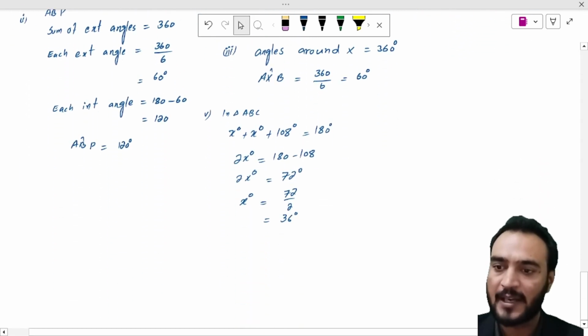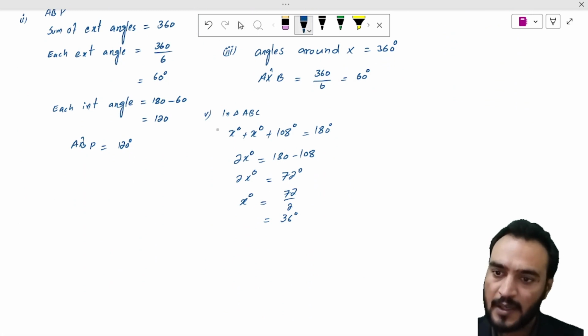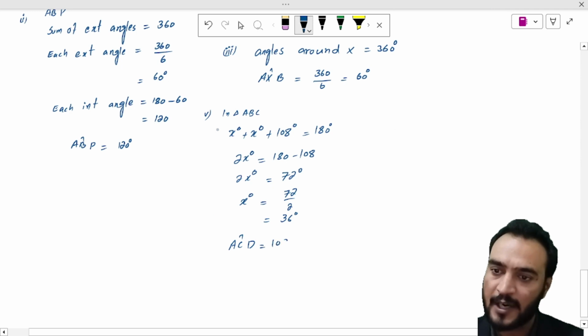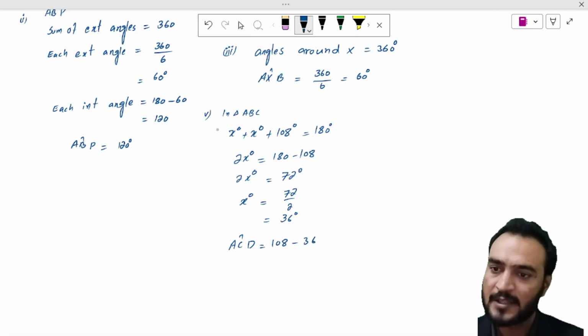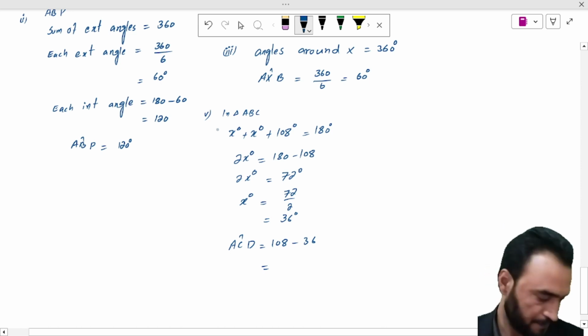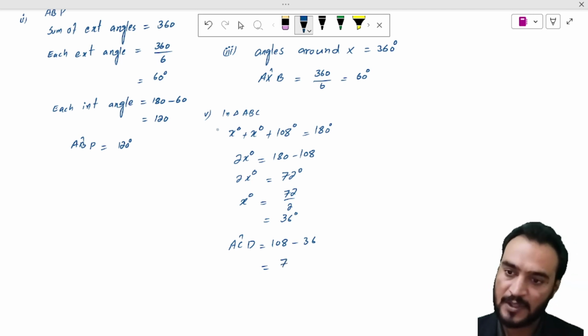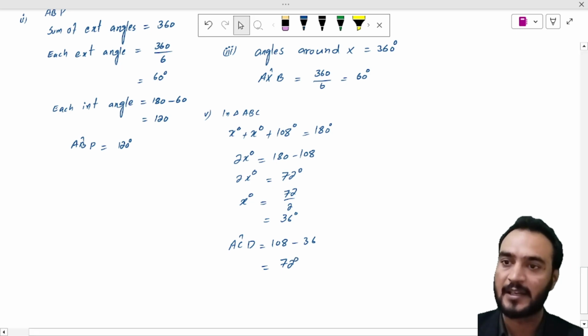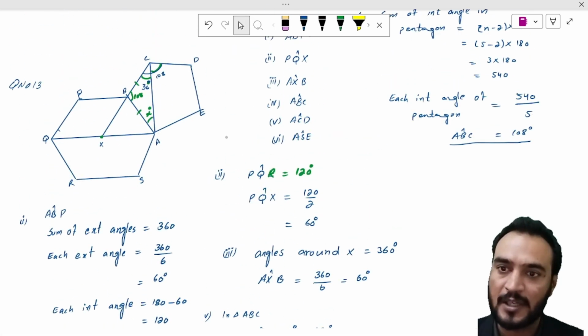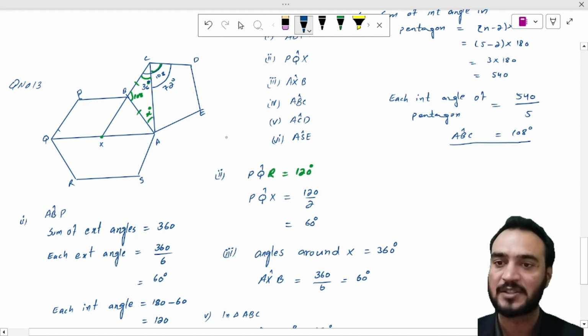So angle ACD is equal to 108 minus 36. Subtracting 36 from 108, we get 72 degrees. So angle ACD is equal to 72 degrees. Hence, part 5 is solved.